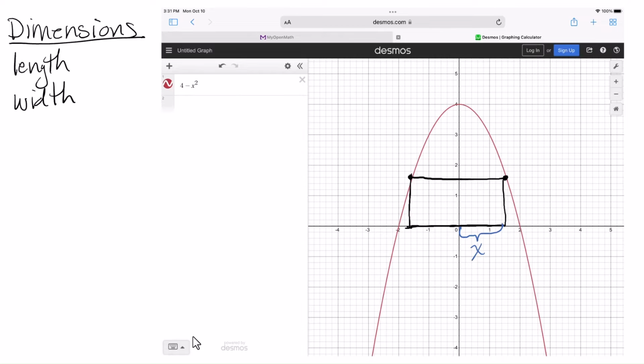Because the parabola is symmetric on both sides, we can assume that the rectangle is also symmetric. So that means that this distance will also be x. This is x and this is x. What are we going to put in for our length?